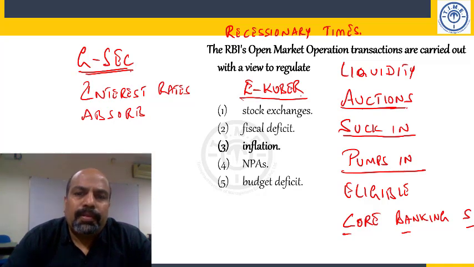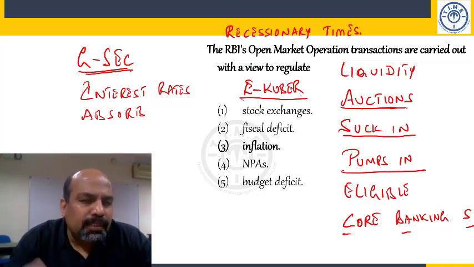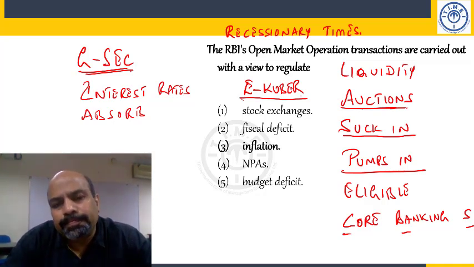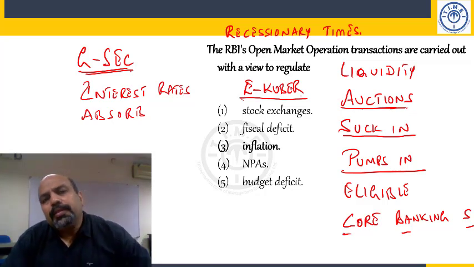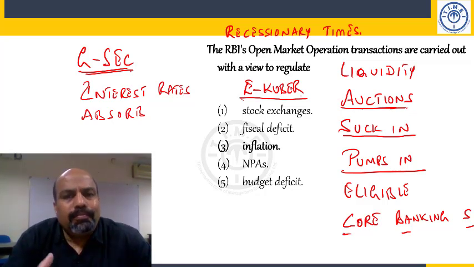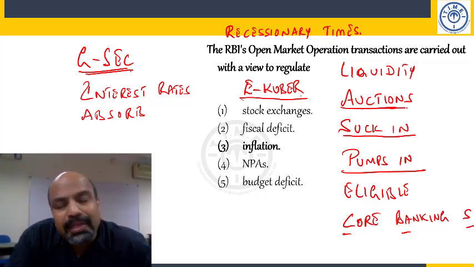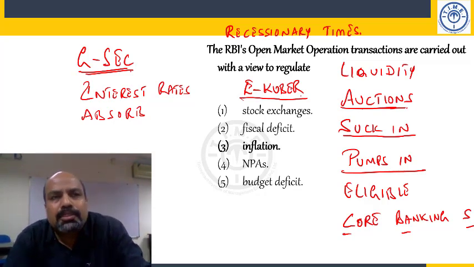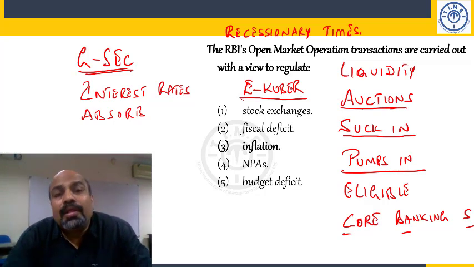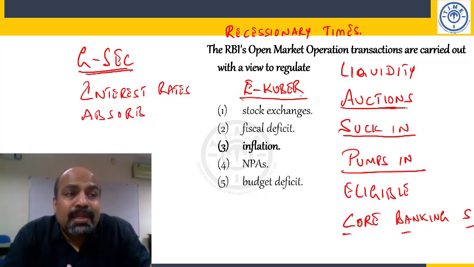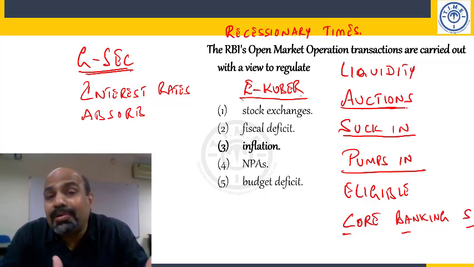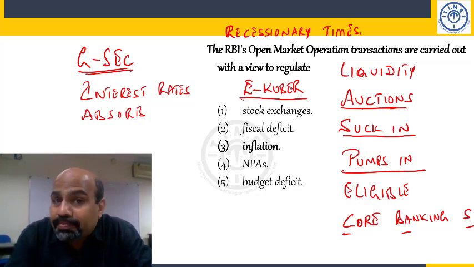Okay. Let's look at some simple terms now. See, recession is when you have a downturn in economic activity. People don't want to spend money. People don't have money because there is large scale unemployment. Large scale unemployment would mean that people don't have incomes. When people don't have incomes, they don't have purchasing power.